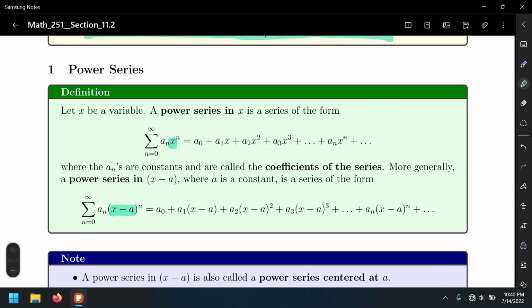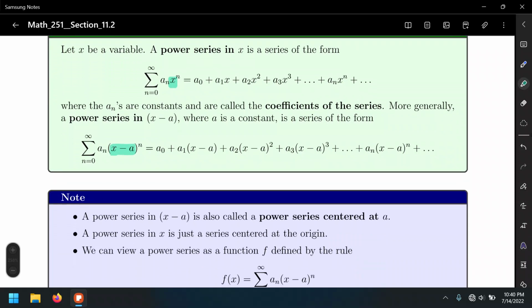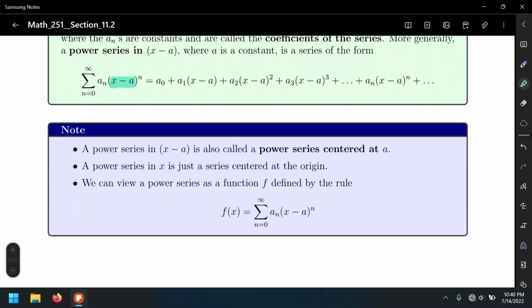Maclaurin series are centered at 0, while Taylor series are centered at any other value. So here's what the note is going to tell us. The power series in x minus a is centered at a, and when we see just the letter x, it's a series centered at the origin.